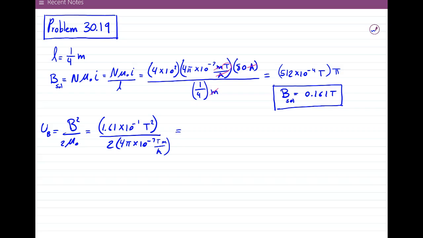Does anybody mind running through that and telling me if I forgot that this whole thing is squared?